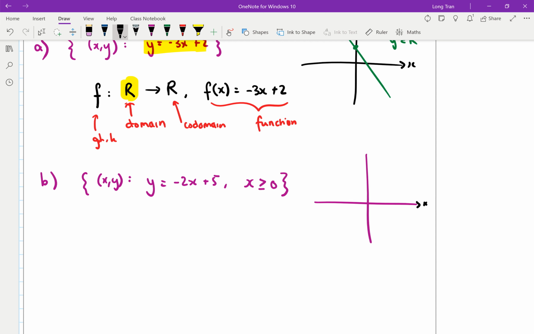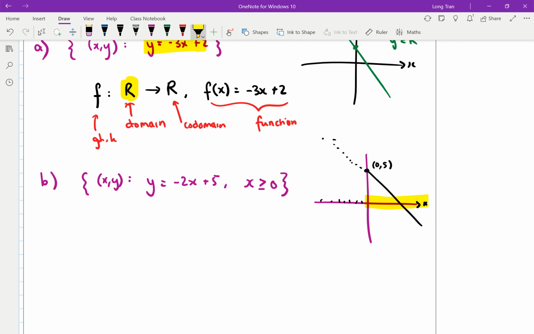And I can see that the y-intercept is at 5, and it's a negative graph, so it must be from 5 and it goes down, right? But notice that even though the graph is meant to continue, I can't sketch anything in the negative region of the x-axis because they wanted, when x is 0, that's all I'm going to keep. I'm going to start from x equals 0.